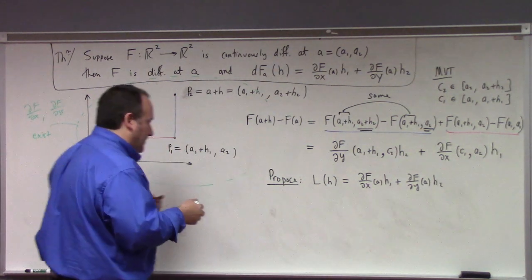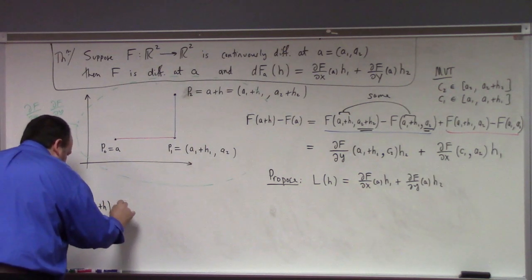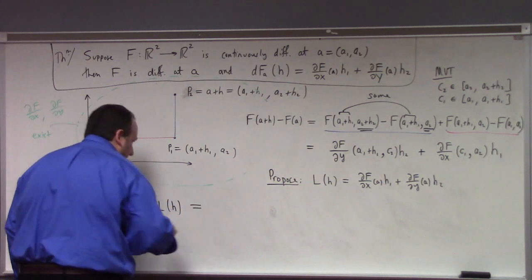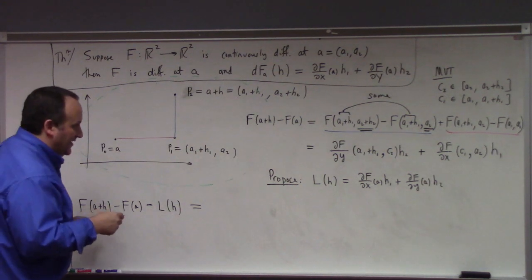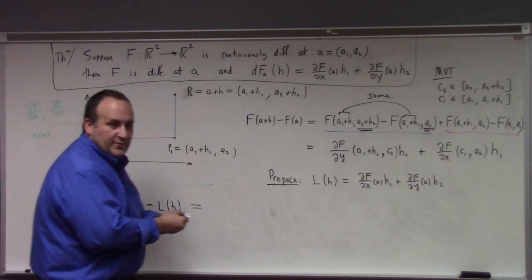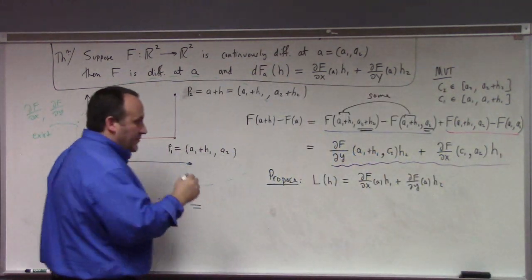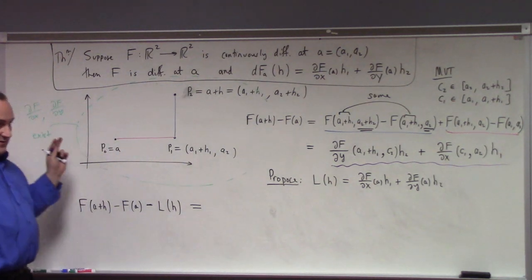Let's see how. So let's look at what is f of a plus h minus f of a minus L sub h. What's that work out to? I have 3 minutes, so I'm going to have to do 2 steps at once here. So check it out. I take what's underlined in purple right here, and I'm going to group the things that have h1 and the things that have h2, because that's all there is.